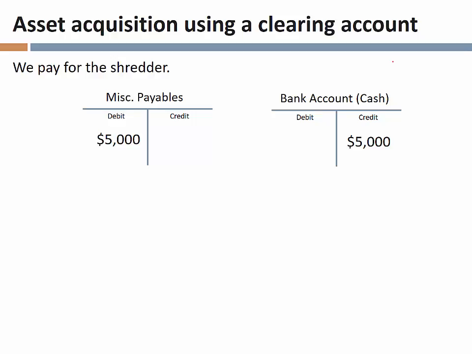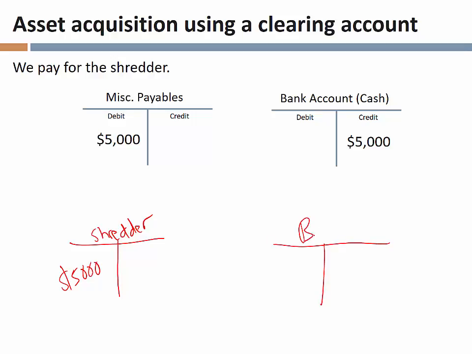And if we trace back this entire sequence, we'd see that our shredder asset account has a $5,000 debit balance on it, and my bank account, when all was said and done, is out $5,000.